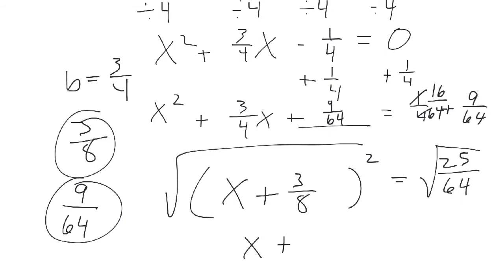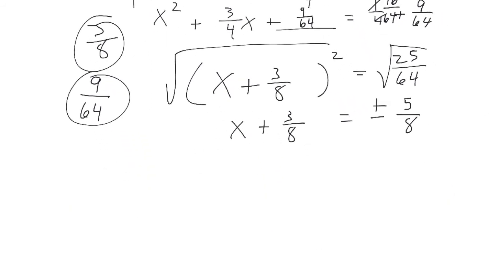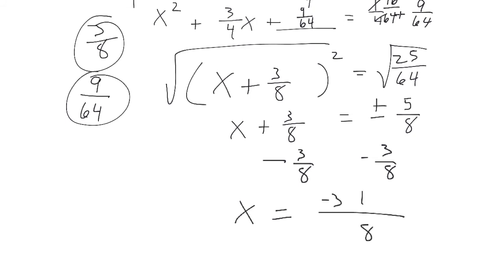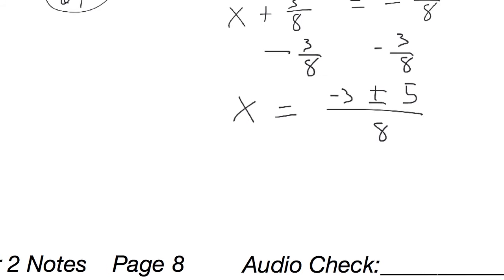You get x plus 3/8 is equal to plus or minus 5/8. Subtracting 3/8 from both sides, you get x is equal to negative 3/8 plus or minus 5/8. And I think I'm even going to take it further because we can.